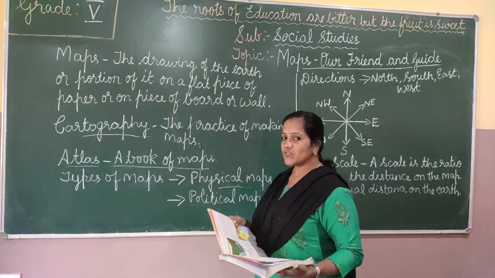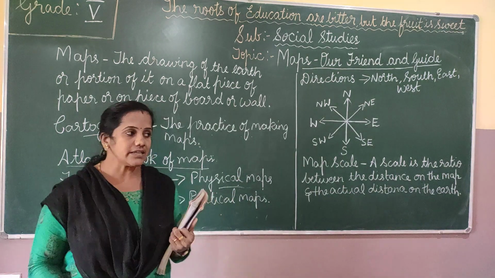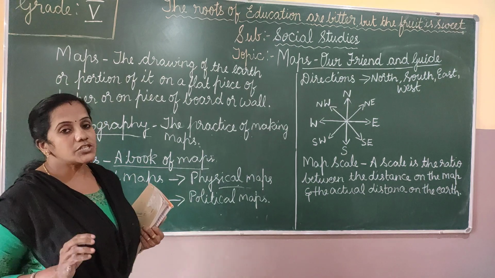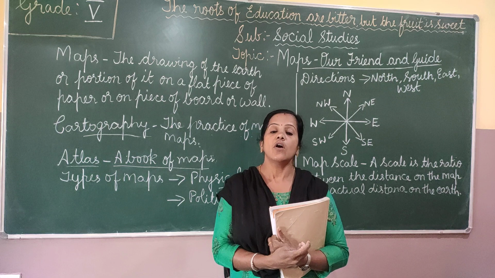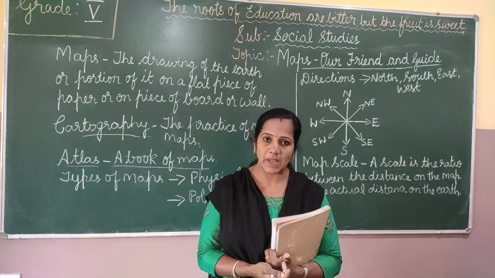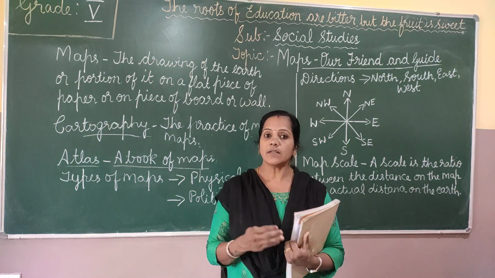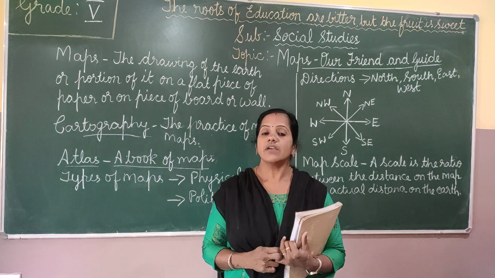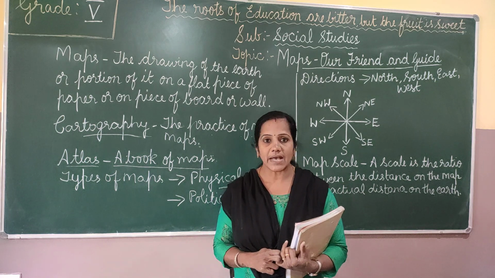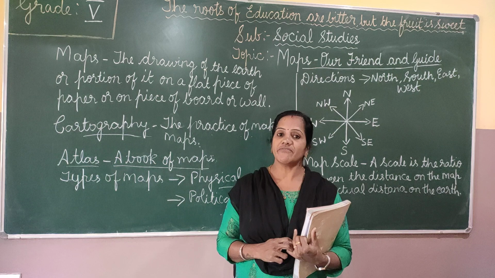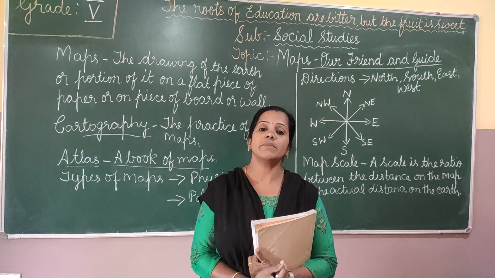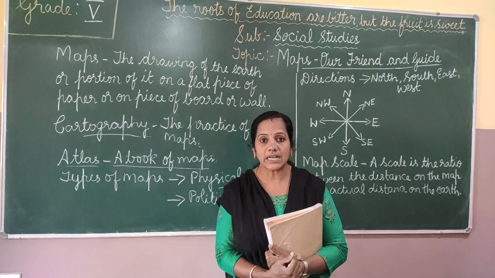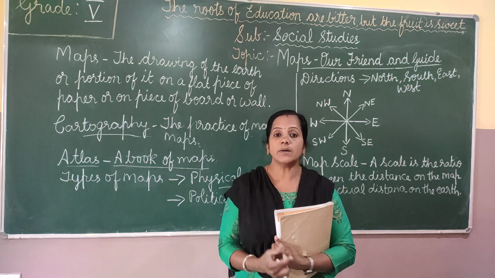Okay, children, we will have a recap of that once again. So what are maps? The drawing of the earth's surface or part of it on a flat piece of paper, or on a flat board or on a wall, we call them maps. Maps make it very easy for us to find detailed information of a place.